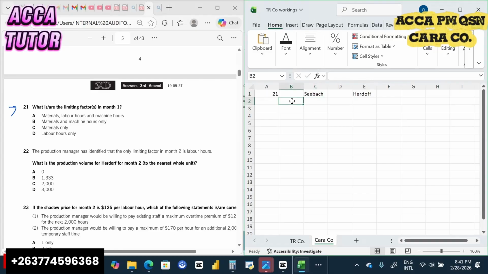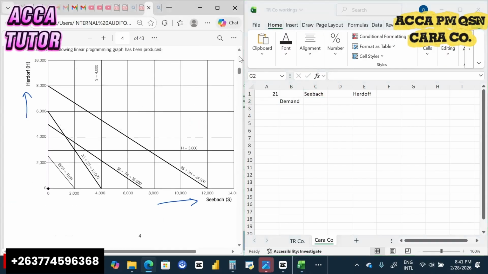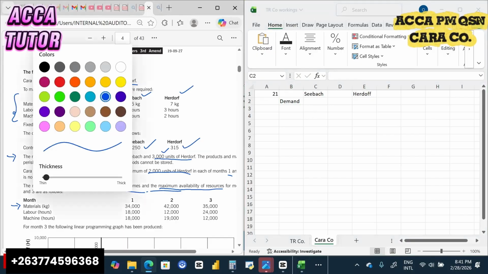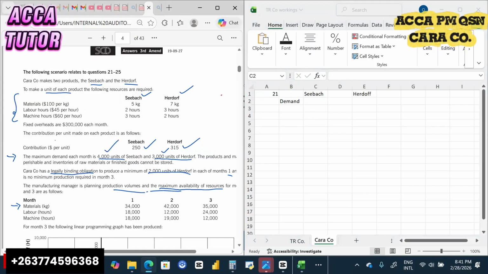We can just say here demand. For C batch, we are told in the question that the demand is how much? Remember, we were told by the examiner that you can't store these things. They are perishable. So whatever you produce, you sell. That's the assumption. You produce what you can sell. So the demand is informing us that those are the quantities that have to be produced. For C batch, that's 4,000 units. For head of, 3,000.